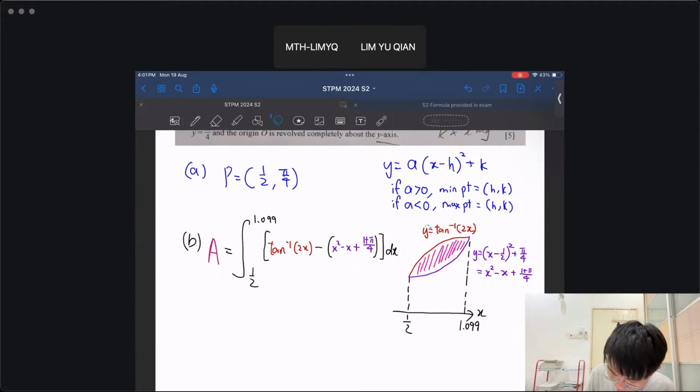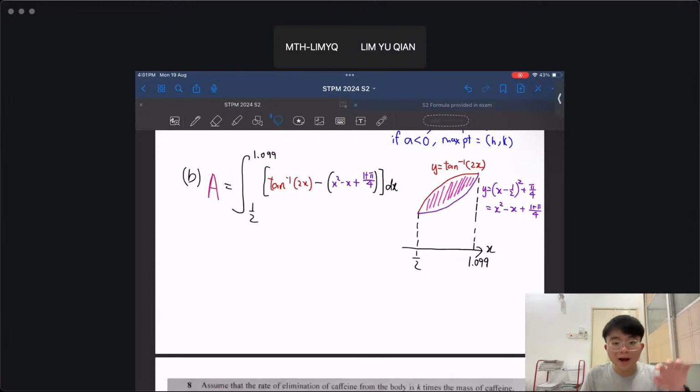Okay, everything seems okay. And then we separate it into two parts and integrate.